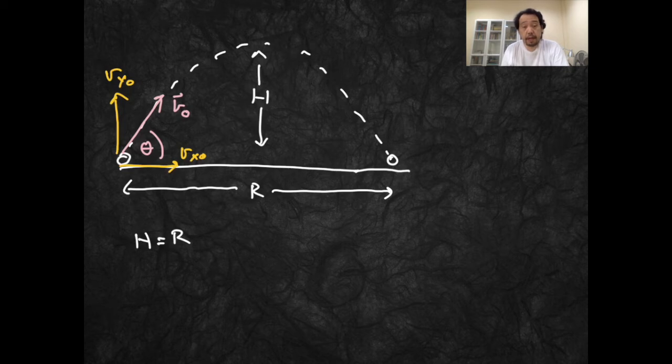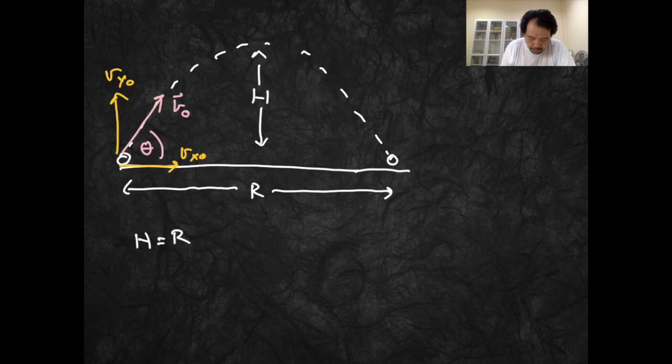We can calculate the maximum height of the motion by using, because we know that the acceleration of the object is a constant which is equal to the gravitational acceleration. So we can use the equation of motion for constant acceleration to do this calculation.